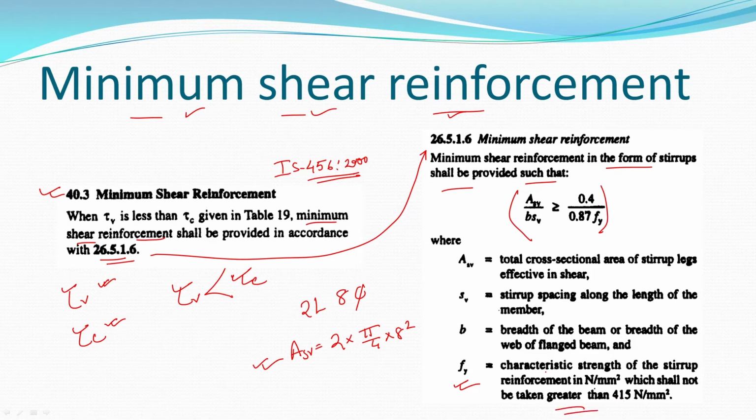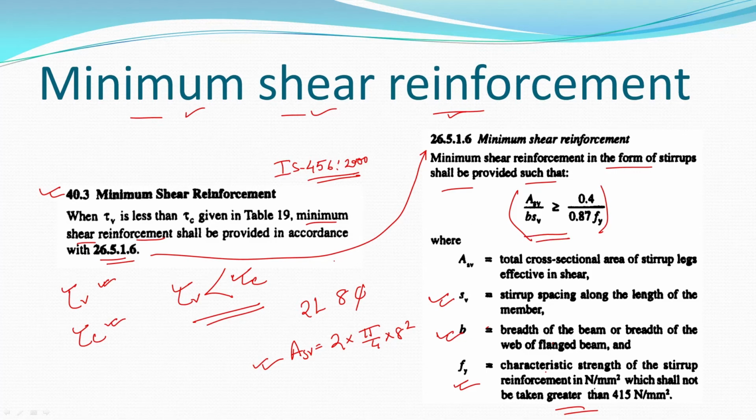Okay, this is very important. Now sv is actually the spacing of the stirrup. Now b is nothing but the breadth of the beam, or you can say the breadth of the web of a flanged beam. So we have checked one condition, that means when tau v is less than tau c, then we need to provide this much amount of shear reinforcement.